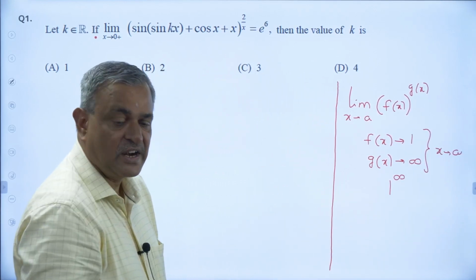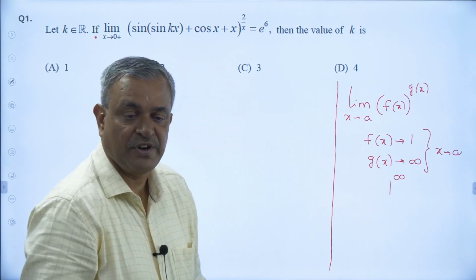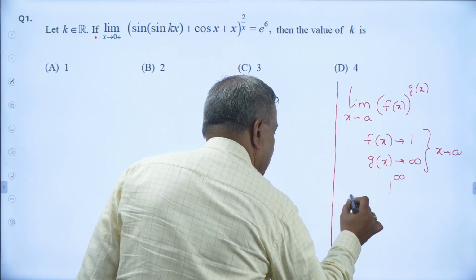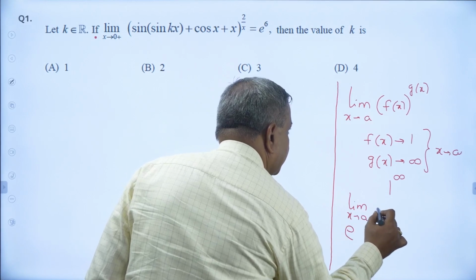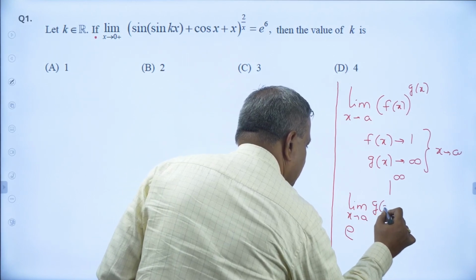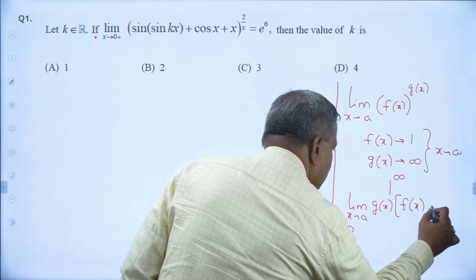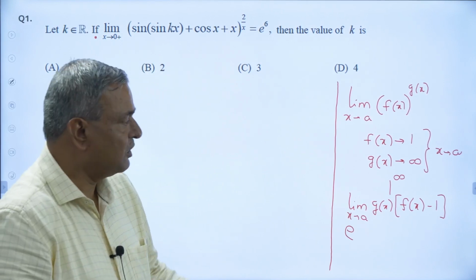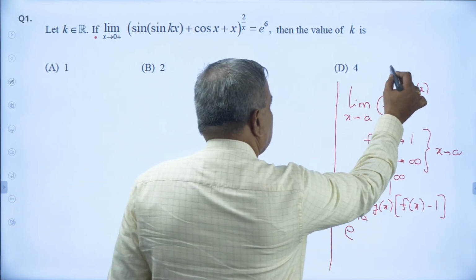So within 10 seconds, you must get an idea: okay, this question is of 1 to the power infinity. How to solve? The solution of this particular form is e to the power limit x tending to a of g of x into f of x minus 1. Okay, you have identified it. This is the concept.